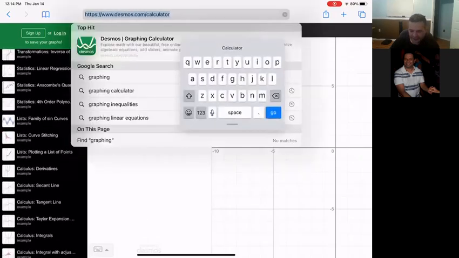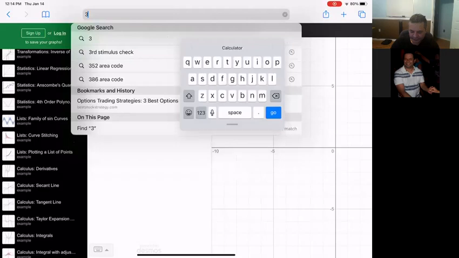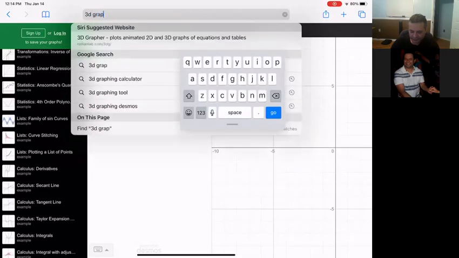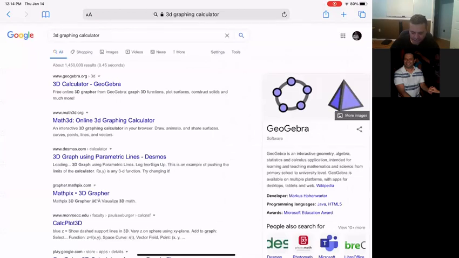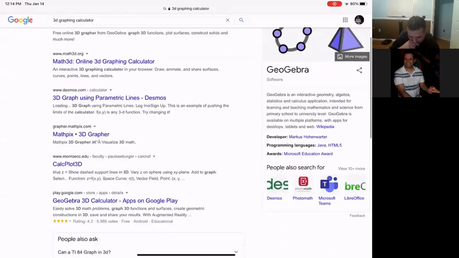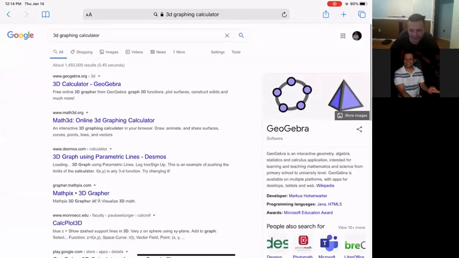Let's try 3D graphing. I guess this probably will do.